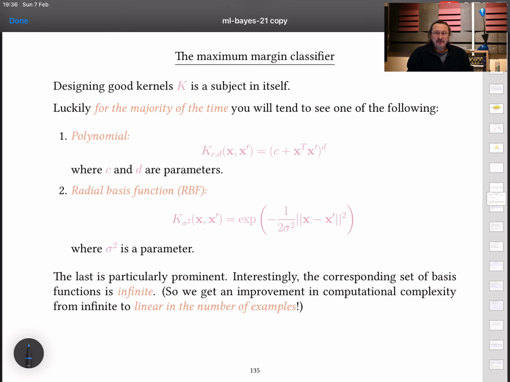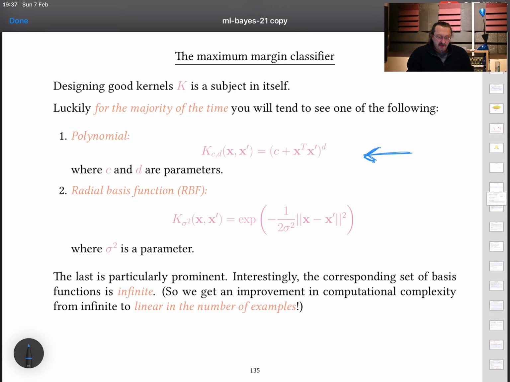Having said that, you will tend to see two kinds of kernel used. The first is the polynomial kernel, which looks like this and has two parameters C and D, D being the particularly important one, which is related to the number of essentially product terms you use between elements of the x and x prime vectors.